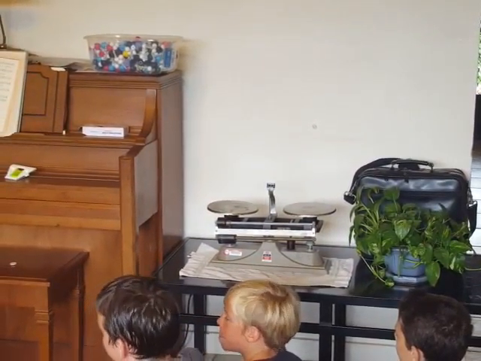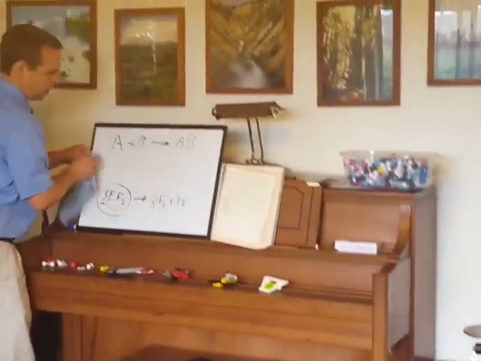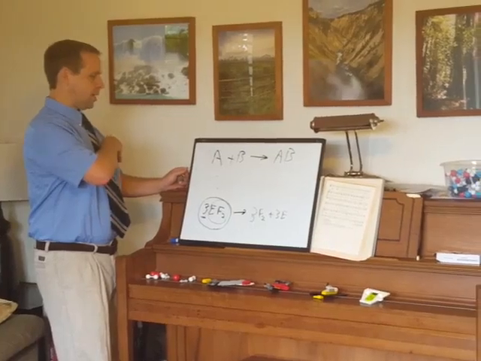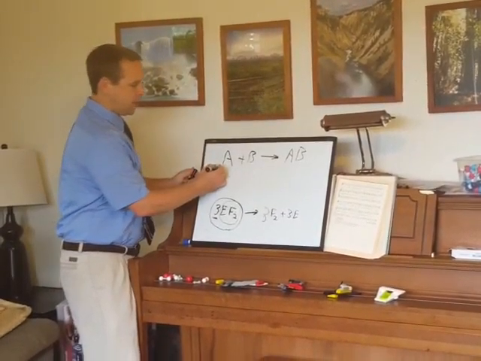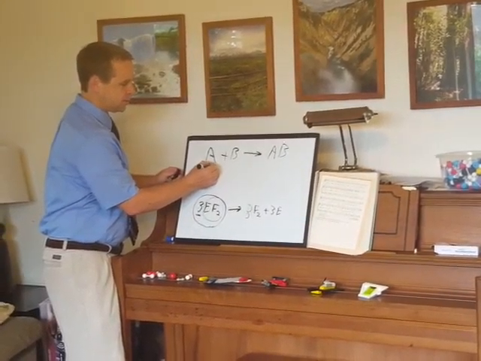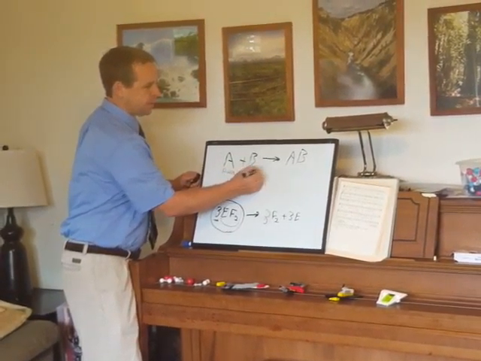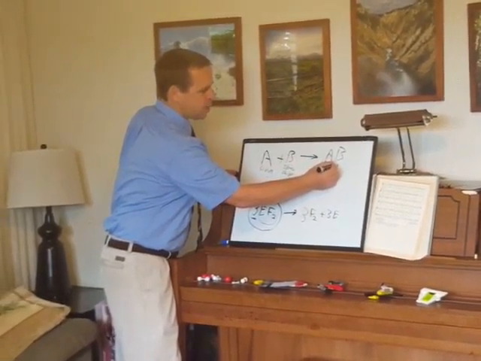Pretty close. If I go into the lab and I want to perform this reaction here, where I want to take A, and we'll say A are my pilots, and B are the spaceships, and this is a pilot with a spaceship, right?